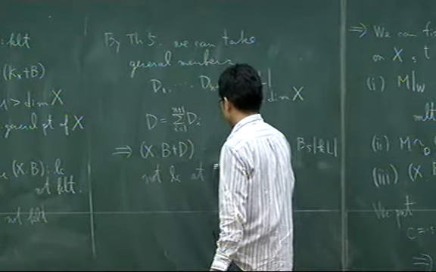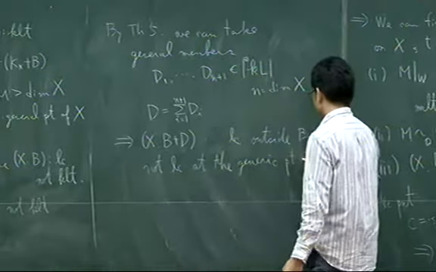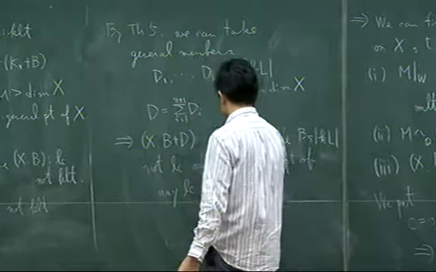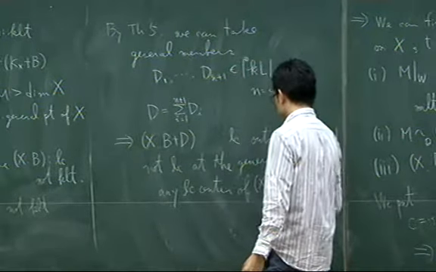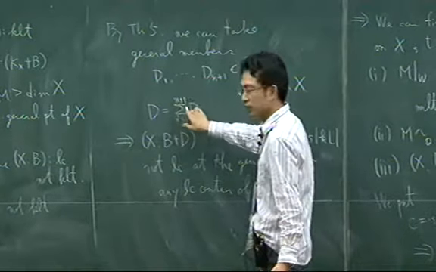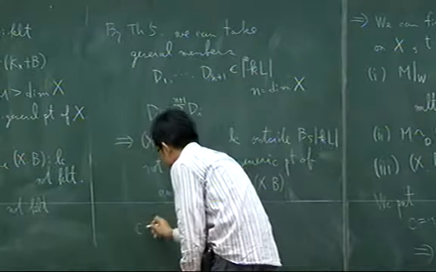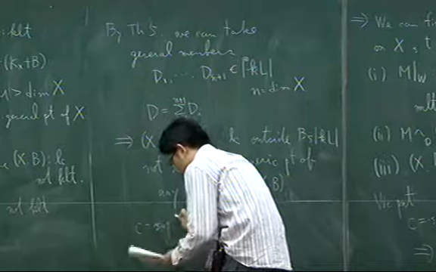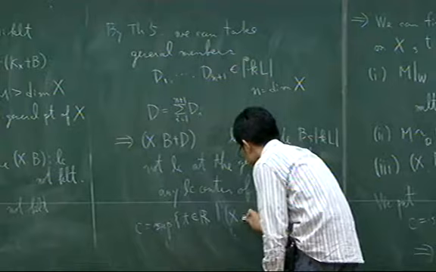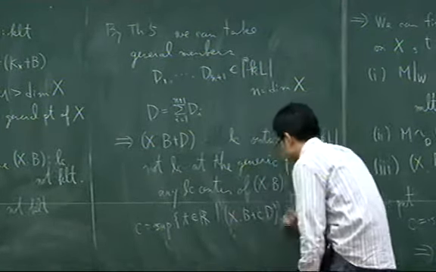So it is log canonical outside the base locus of this one, and not log canonical at the generic point of any log canonical center of (X, B), since we take dimension plus 1 components. Okay, so let c be the log canonical threshold, so that (X, B plus cD) is log canonical.